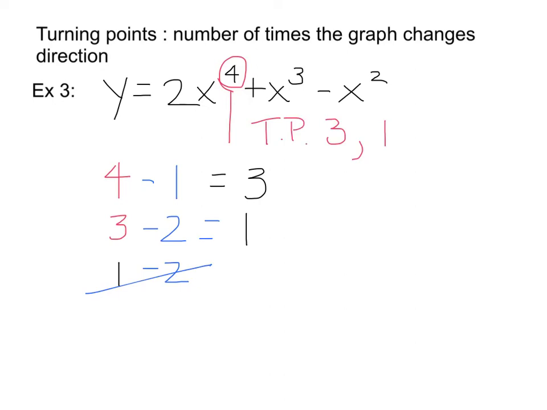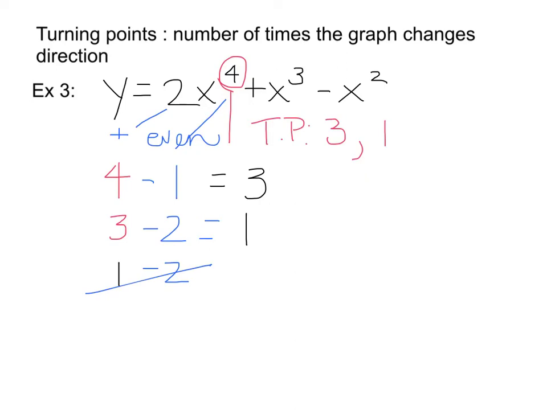Okay, let's use this example to also help us determine the end behavior. So again, my highest exponent is a 4, and 4 is an even number. And then I have to look at the a in front. Since 2 is positive, this is an even positive polynomial.